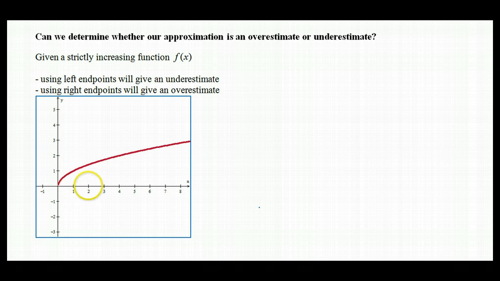Between 1 and 2, if I go to the rightmost point and that defines my height, now all of a sudden I have all this extra area here. So now I have an overestimate. So in a strictly increasing function, if we use left endpoints to determine the height of the rectangular approximation, we'll have an underestimate, and using right endpoints will give an overestimate.